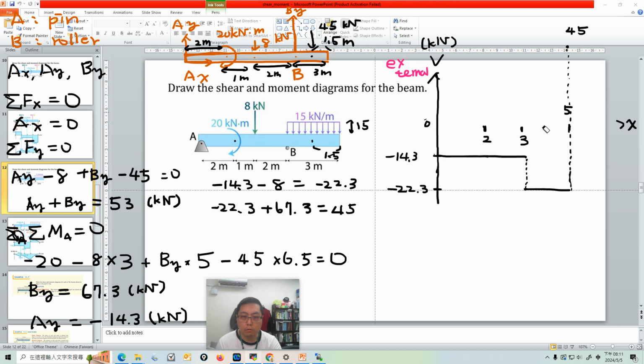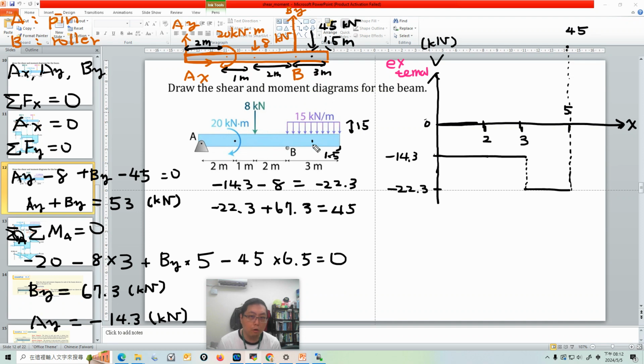Maybe I should draw more straight. Okay, and at this position 5, it's subject to the distributed load pointing down, and it's 50 kilonewton per meter.